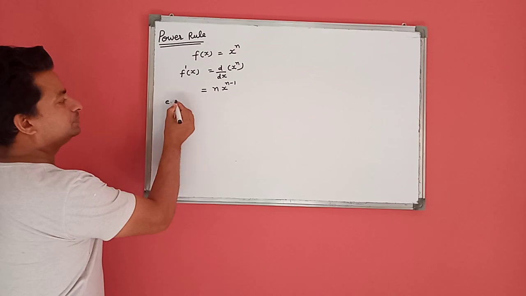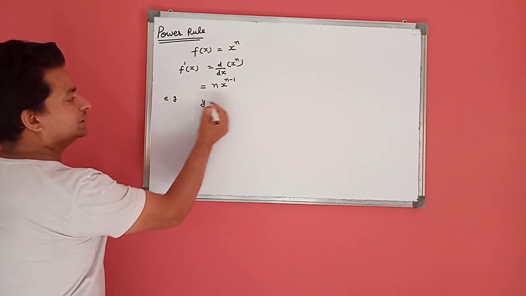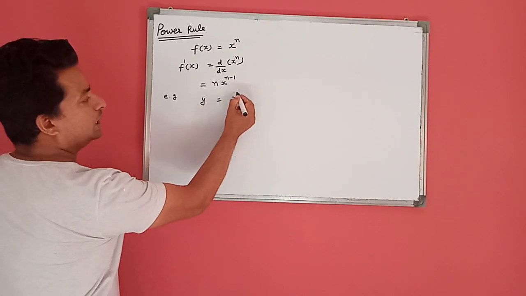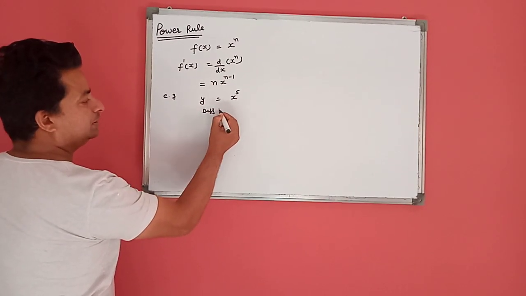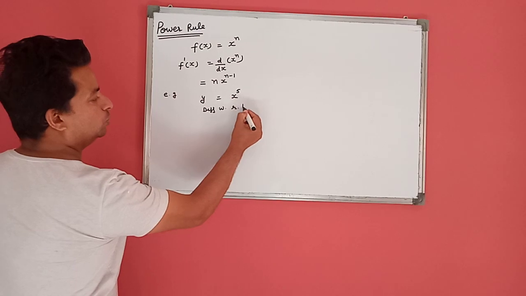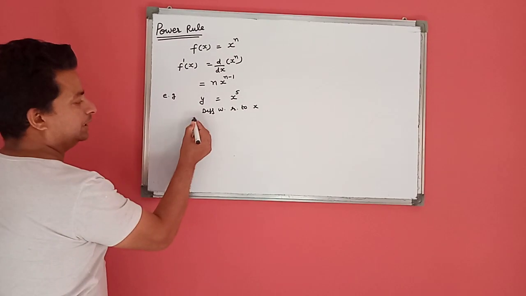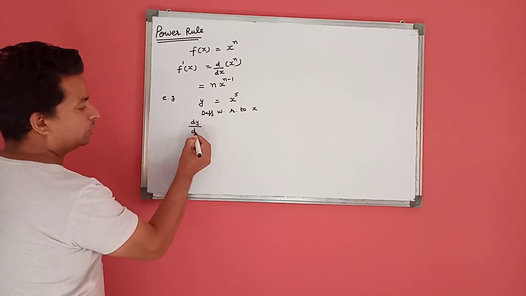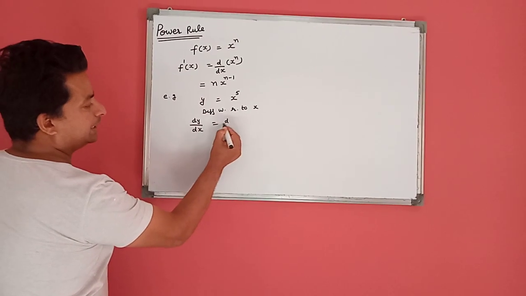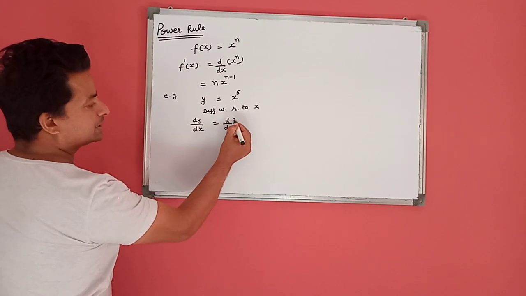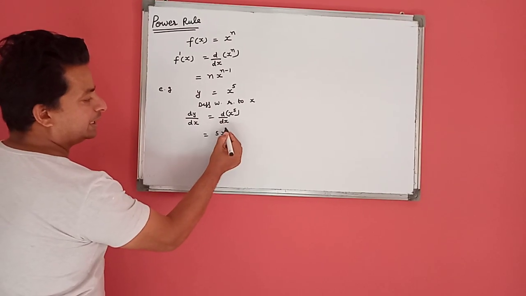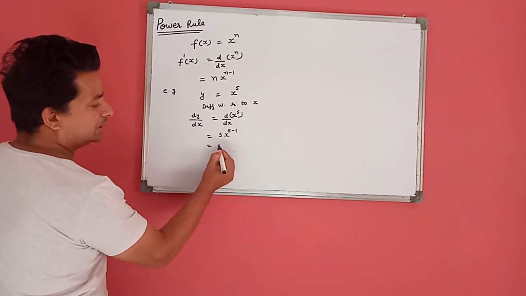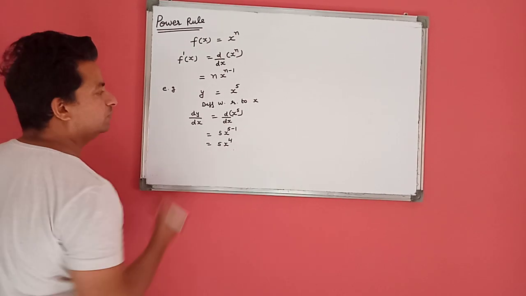That is, the derivative of x^n is n x^(n-1). For example, if we take the function y = x^5, then differentiate with respect to x. On the left-hand side dy/dx, and on the right-hand side d/dx of x^5. 5 in front and 5 minus 1 is 4, that is 5x^4.